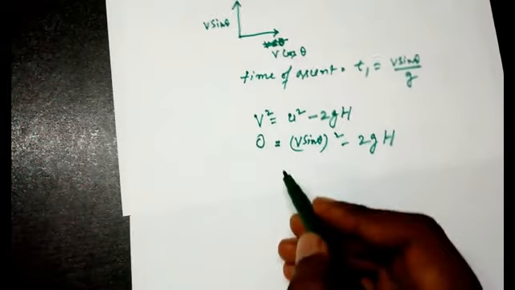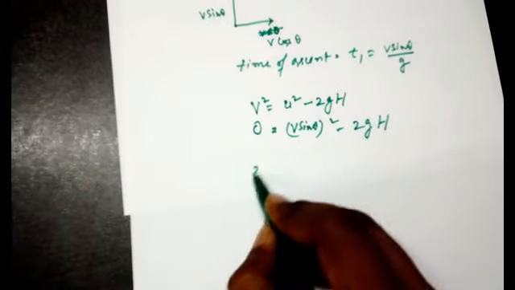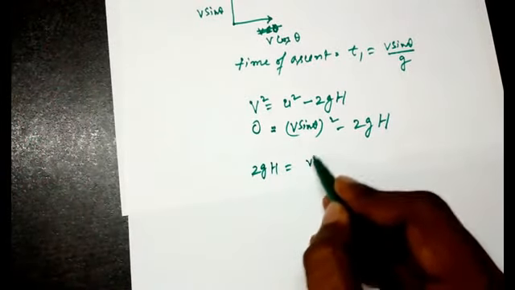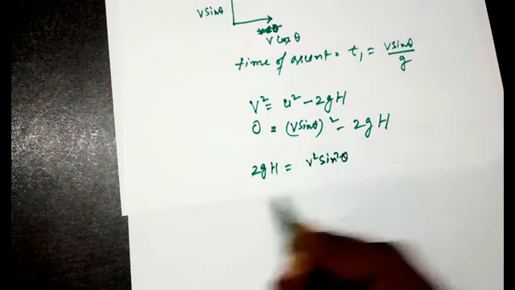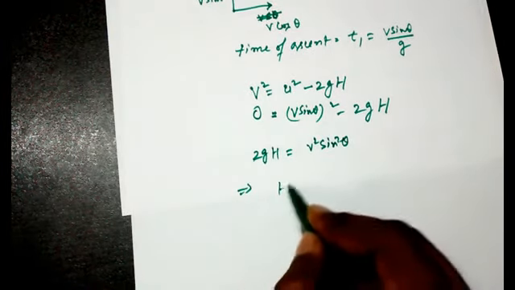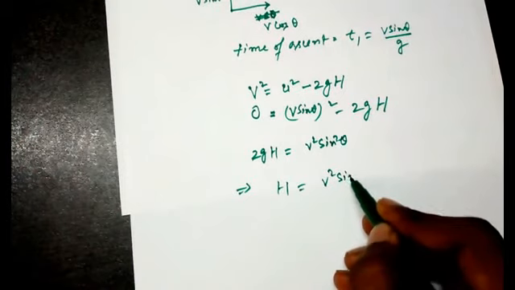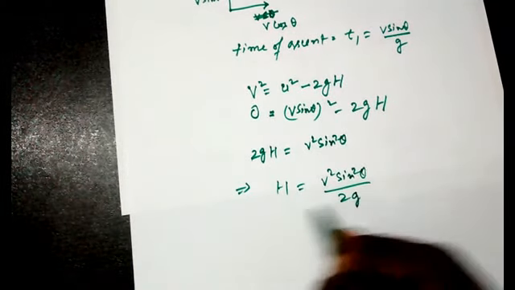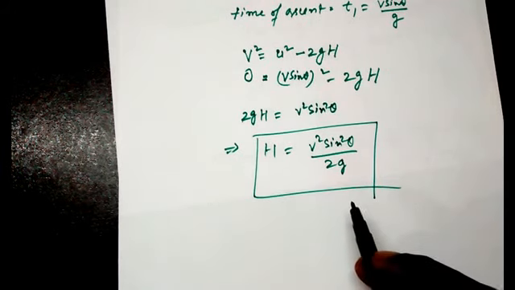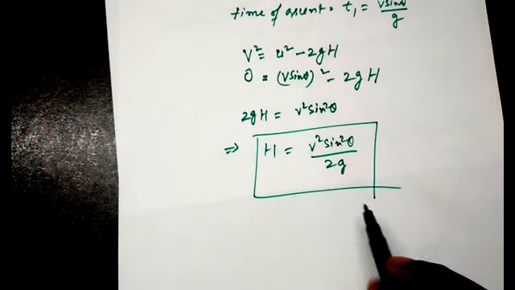On rearranging, we find that 2gh is equal to v square sin square theta, and this gives h equal to v square sin square theta divided by 2g. This is the expression for the maximum height attained.